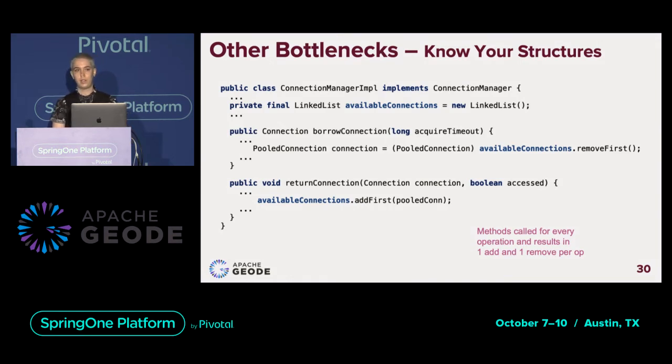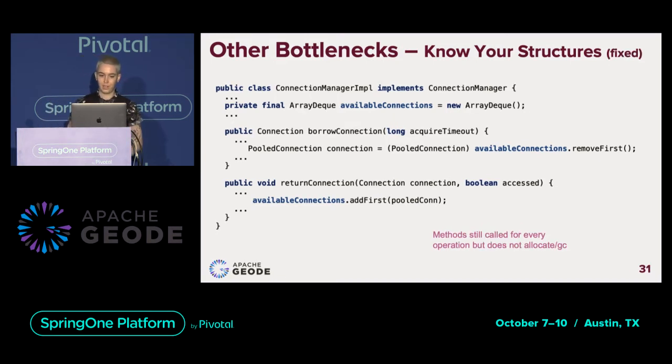So that means that for each operation, we are both allocating a node and garbage collecting that node. So we can be more efficient than this because we can use a deque. And since the connection pool is of relatively constant size, the deque will not need to be resized very often. And this shows the importance to performance of understanding your data structures and what's happening on the inside of them.